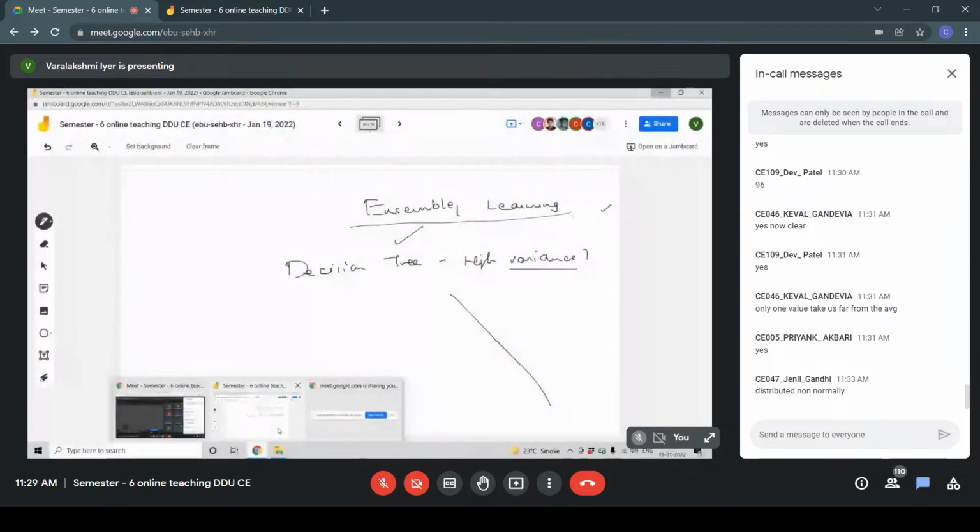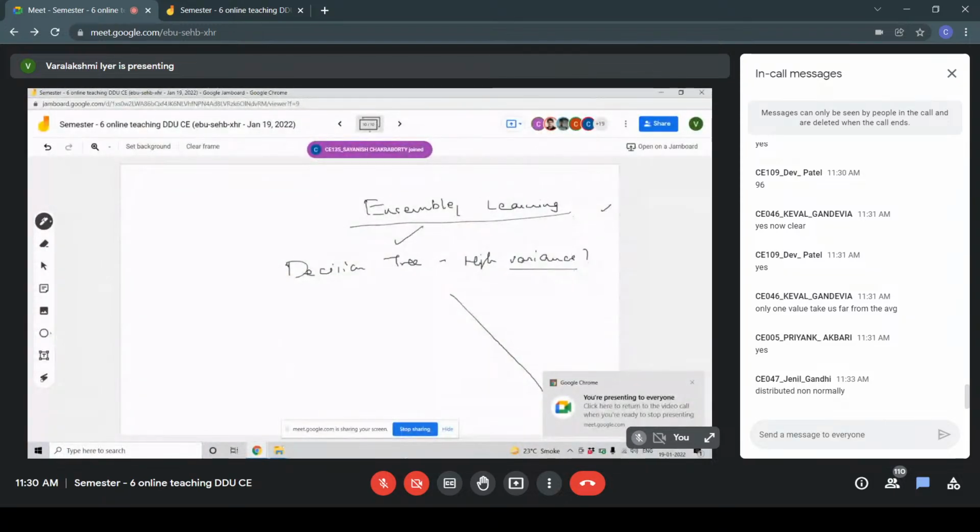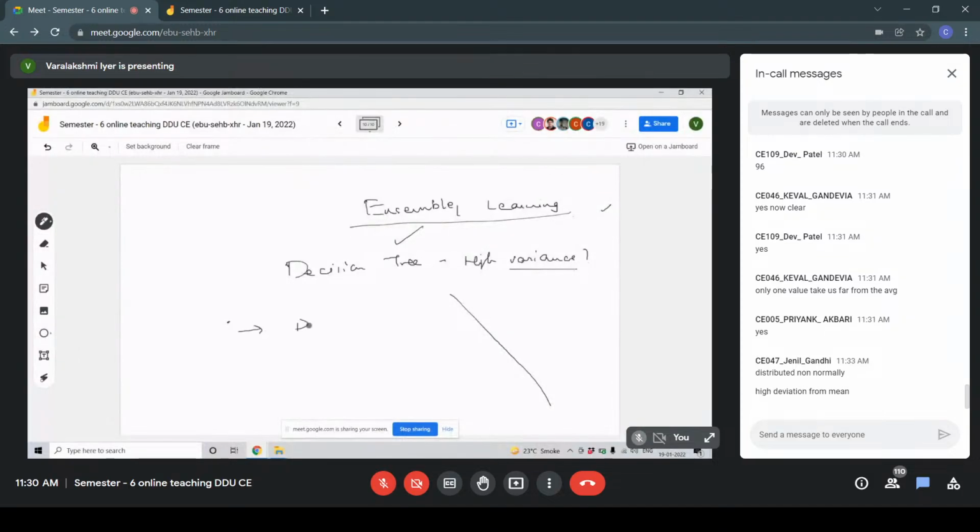Suppose you have a training sample with n number of values, and you are creating two sub data sets out of these n values.